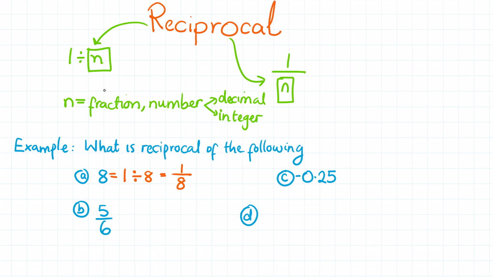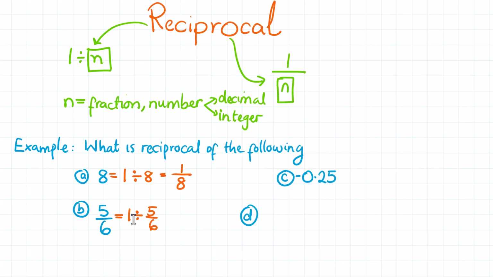Next is the number in fraction form, 5 over 6. In reciprocal form this is equal to 1 divided by the number, which in this case is written as 1 divided by 5 over 6.